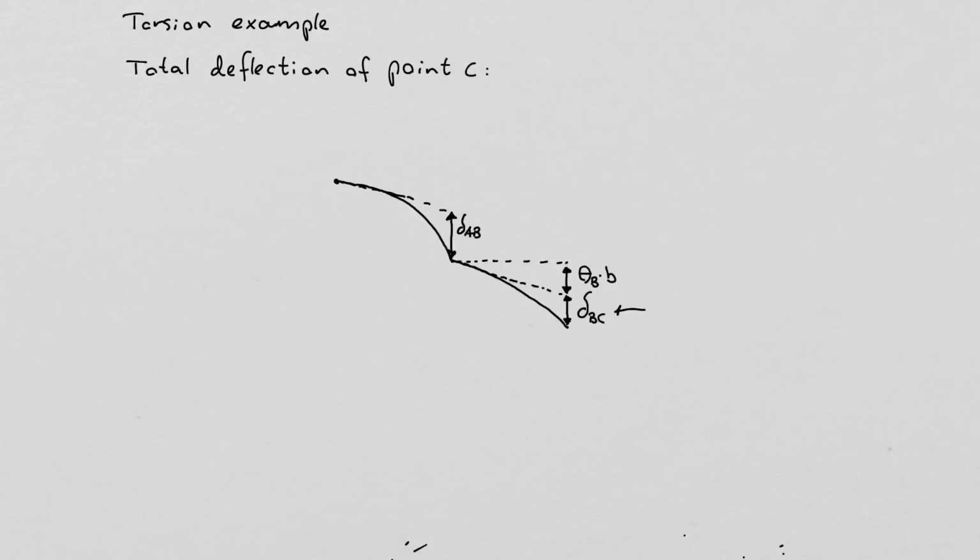Now, let's take a look at delta BC. That was the isolated bending of the beam of the handle, right? But we also have a contribution from the fact that our point B is rotating due to the torsion.